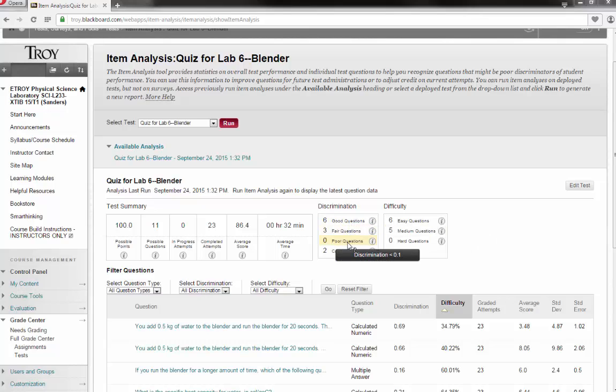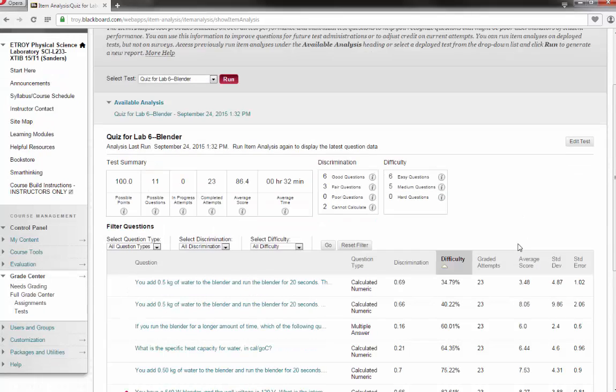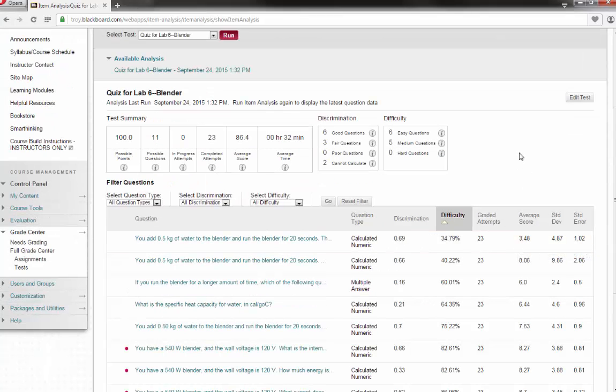And I guess the analytics says that it really likes the questions I've written. 6 good ones, 3 fair ones, 2 that it couldn't figure out what to do with, and no poor questions, no hard questions. Well, that's fine and good unless you happen to be that one student who found the whole quiz to be unusually hard.